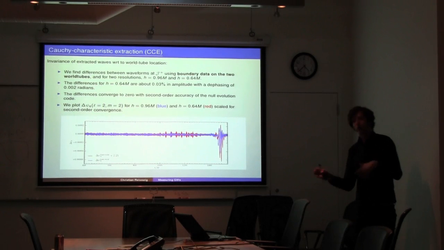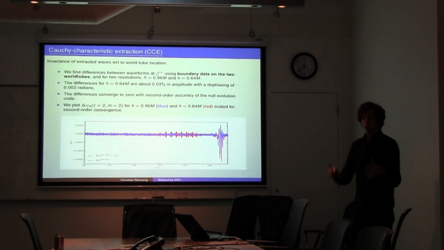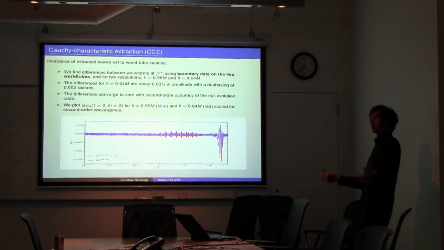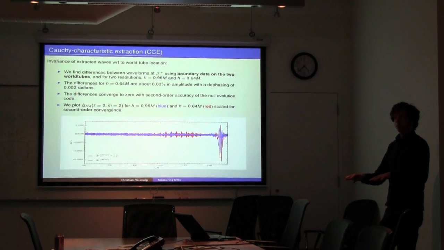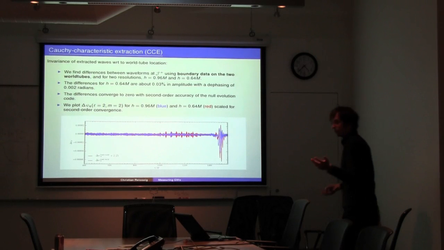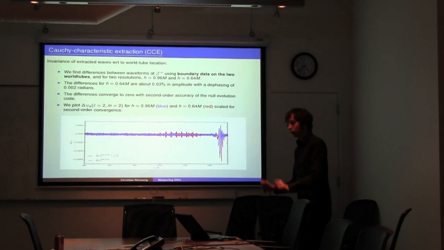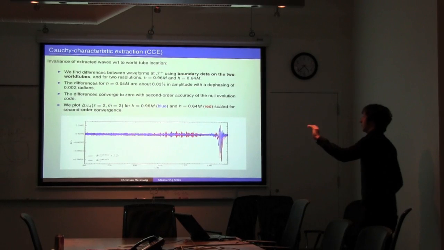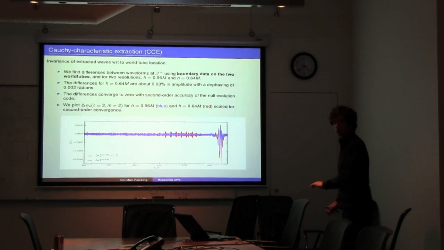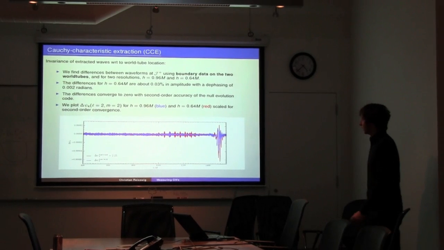In each of these runs, we dumped metric data once at r equals 100M and once at r equals 200M. And then we looked at the difference between these waveforms, between the two world tubes, and the error must converge to 0 if you increase the resolution.